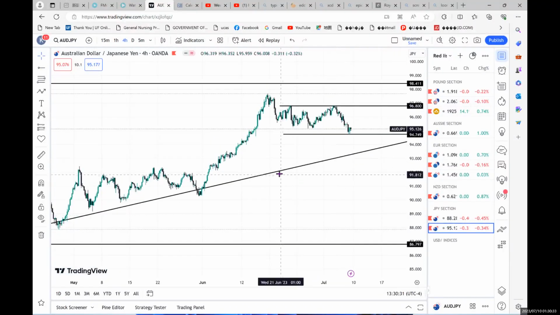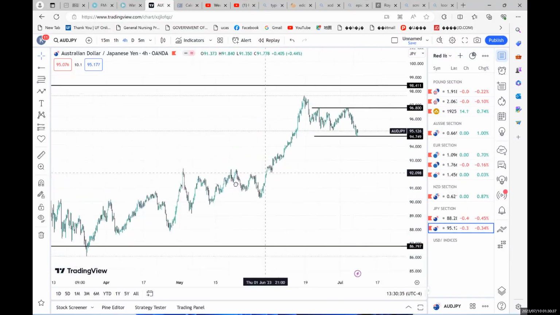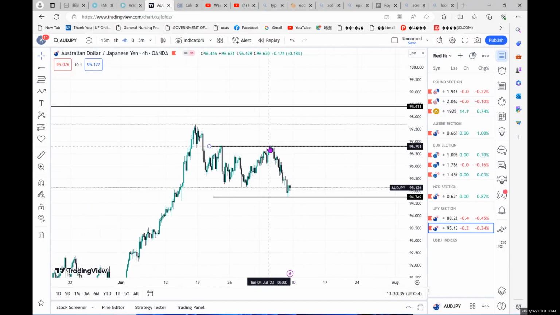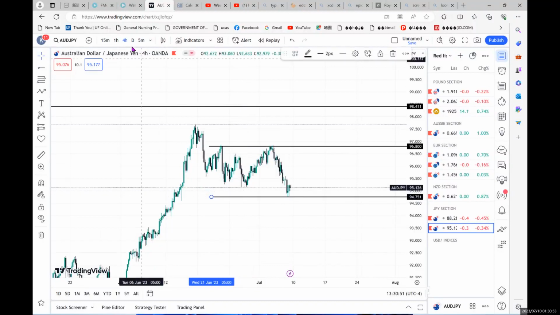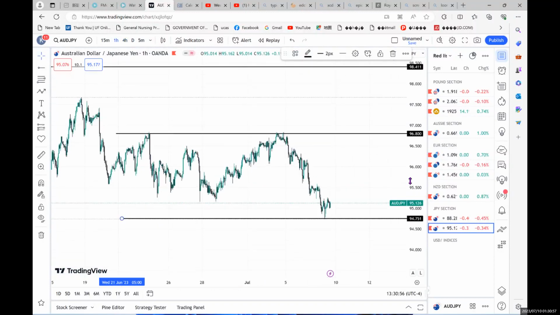Let me clear up some of these lines. This is our last lower high, and now this is our lower low on the 4-hour. And you can see price broke this level here. After a break, we expect a pullback. Let's see what's happening on the H1 time frame.